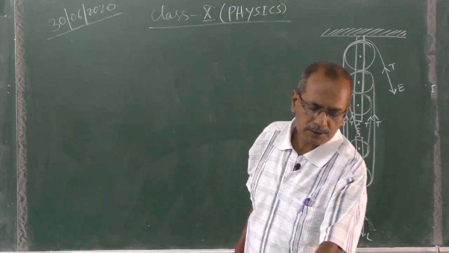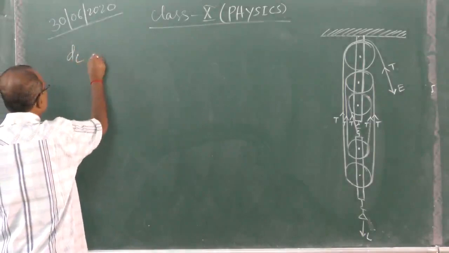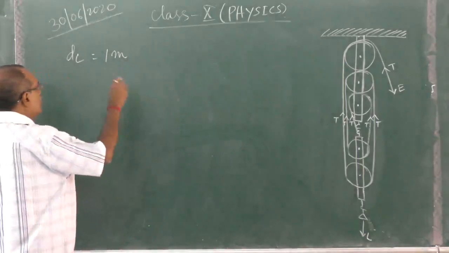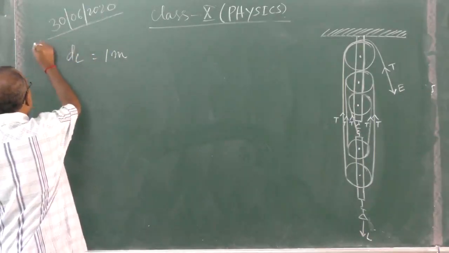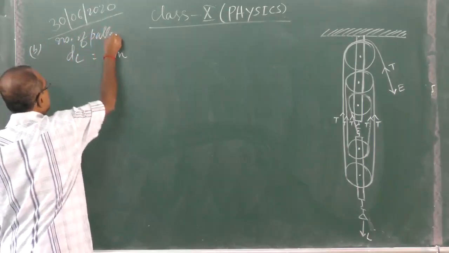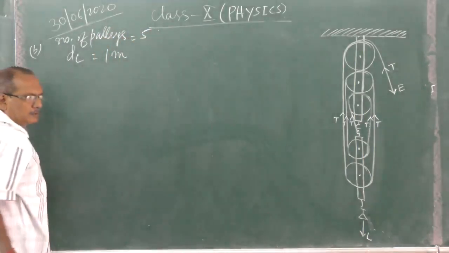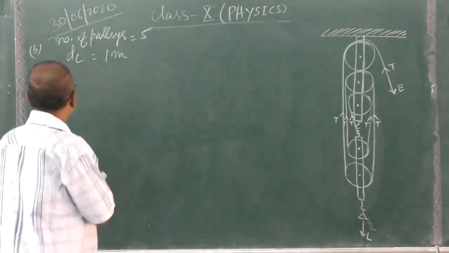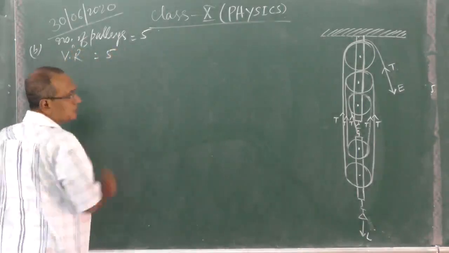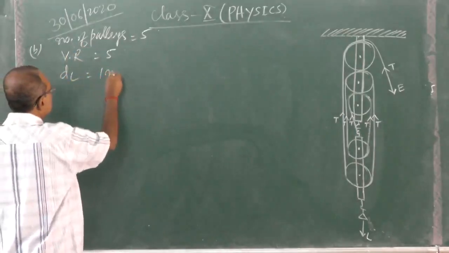Next, if the load is raised by 1 meter, that is DL equal to 1 meter. Part B, the number of pulleys in the system is equal to 5. So therefore, velocity ratio is also equal to 5. Correct. DL is given as 1 meter.